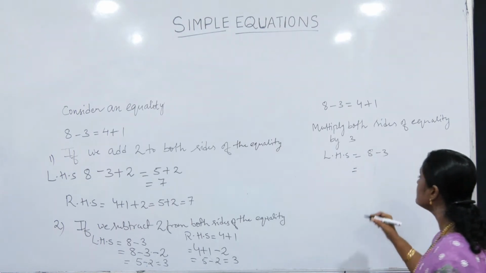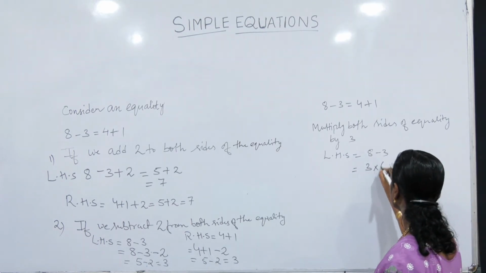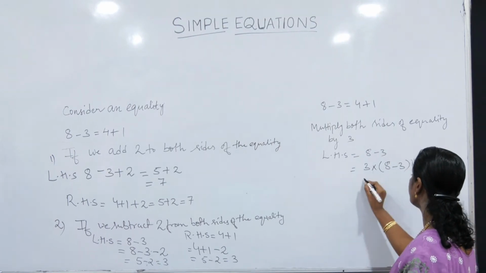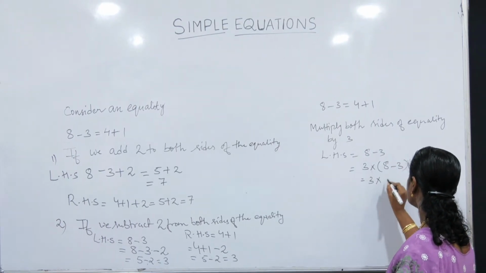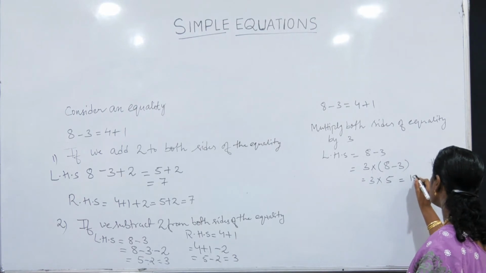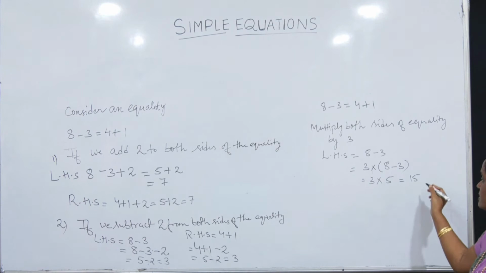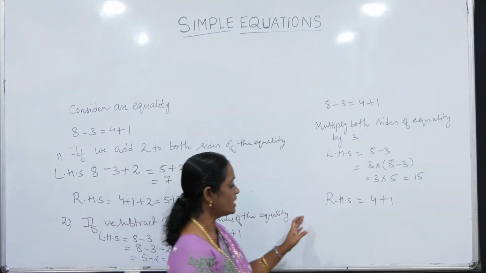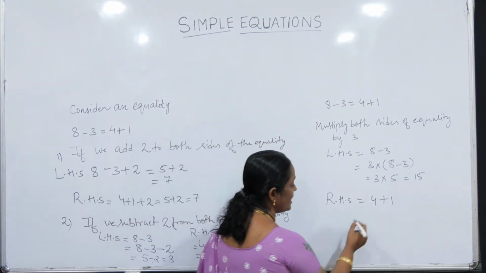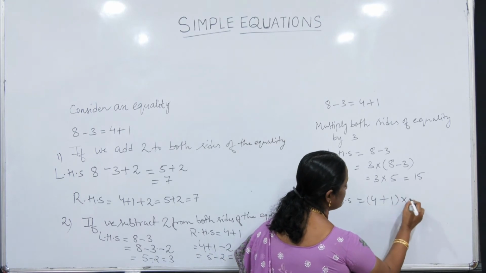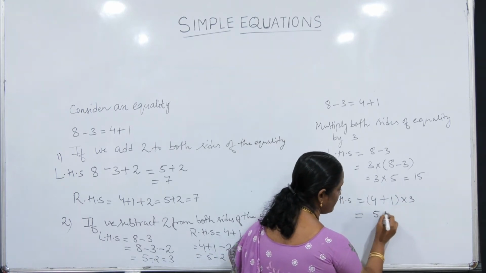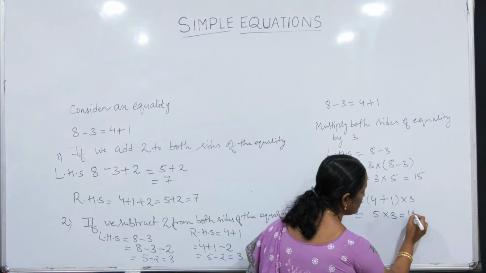If we multiply the LHS by 3, 3 into 8 minus 3, which is 5, it is 15 here. If we multiply 3 to the LHS of the equality, it becomes 15. Now here the RHS is 4 plus 1. If we multiply the RHS by 3, 4 plus 1 is 5, and 5 into 3 is equal to 15.